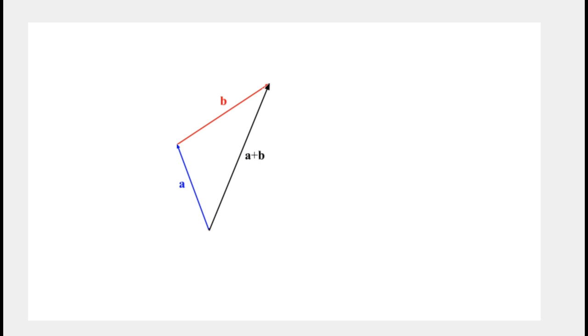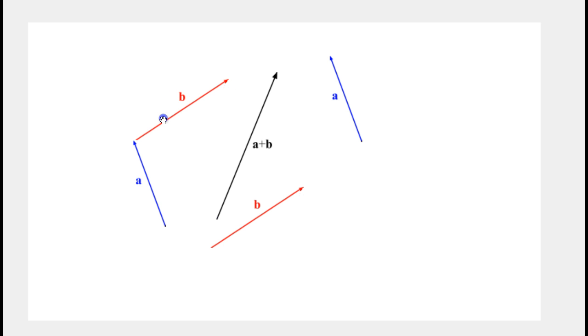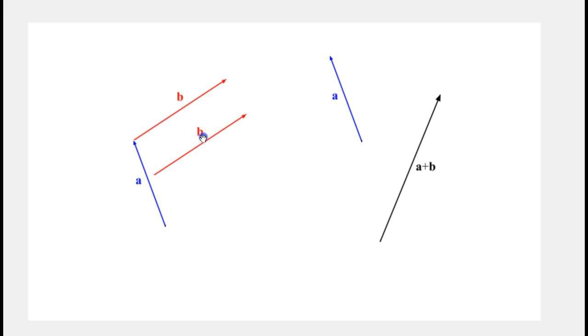Another way it's talked about is with the parallelogram law. If we take these vectors A and B and make a parallelogram out of them, we know all the B vectors, wherever we put them in space, instead of the same vector, are going to be parallel to each other because they're in the same direction and the same length.